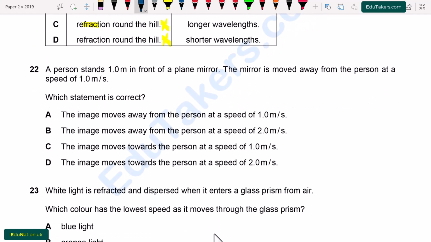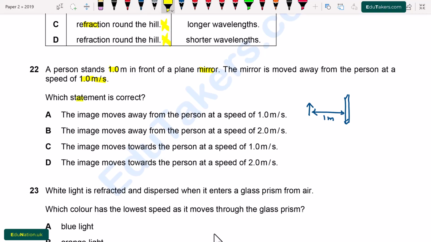Question number 22. A person stands 1.0 meter in front of a plane mirror. The mirror is moved away from the person at a speed of 1.0 meter per second. First of all, I consider here the location of the person is here and the plane mirror is here. The distance between them is 1 meter. And this mirror is moved away from the person at the speed of 1.0 meter per second.